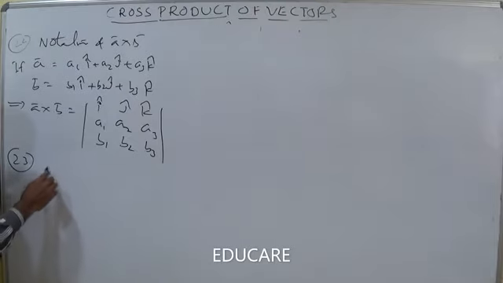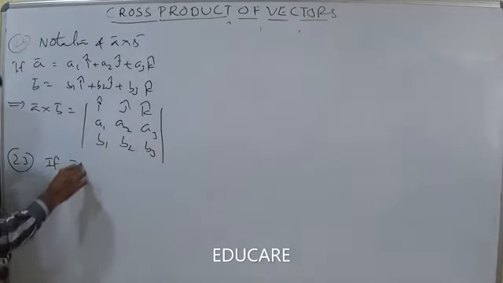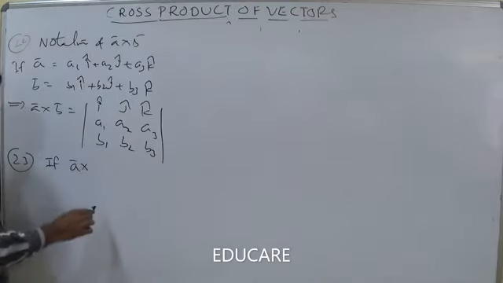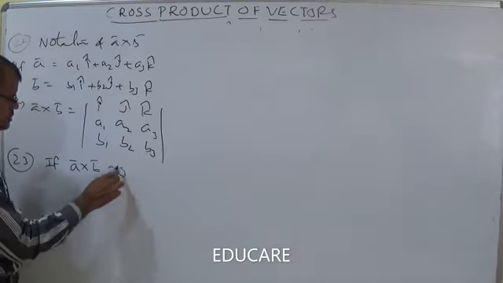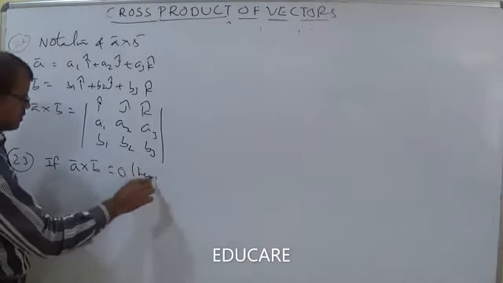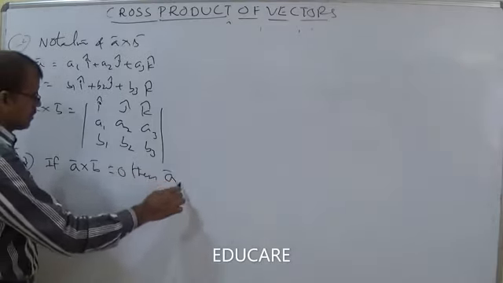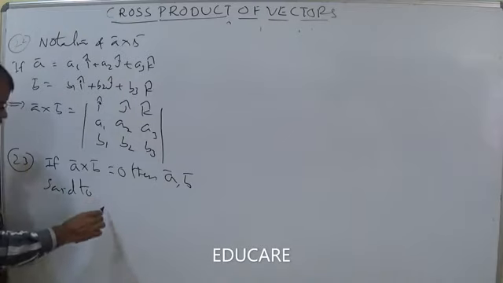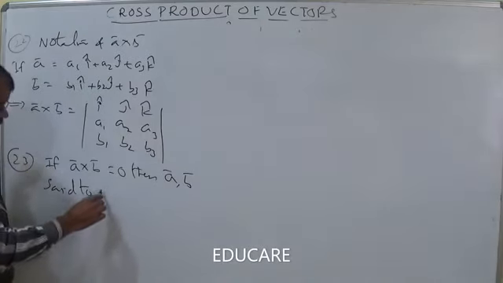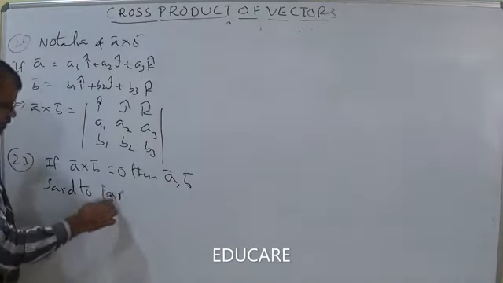Next, once again I am saying that if A cross B is equal to 0, then A bar comma B bar are said to be parallel vectors.